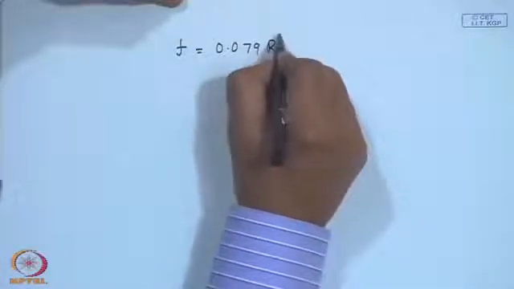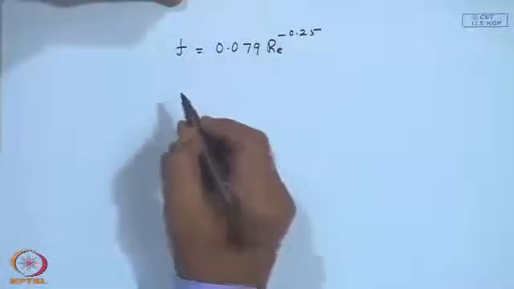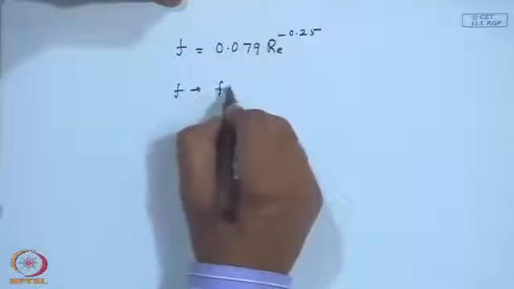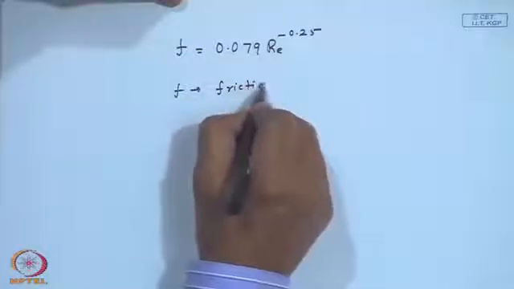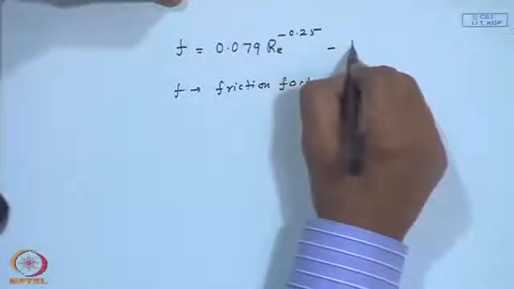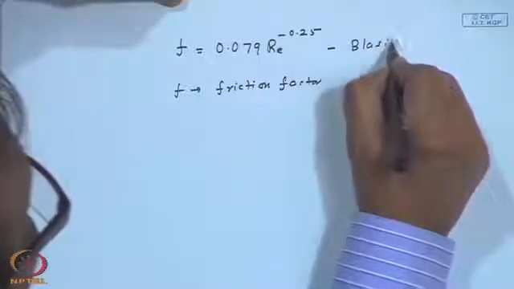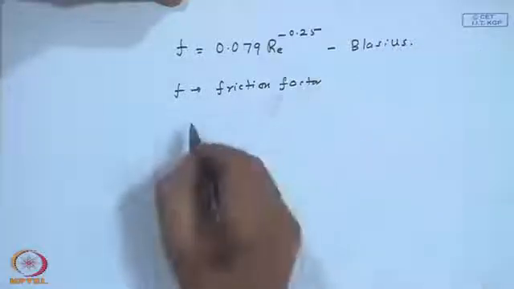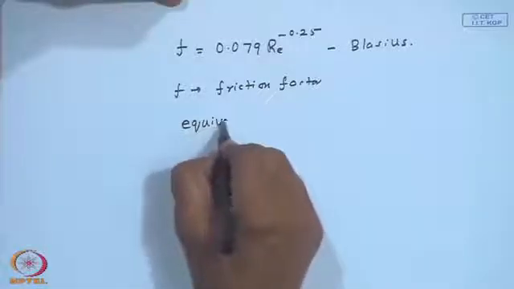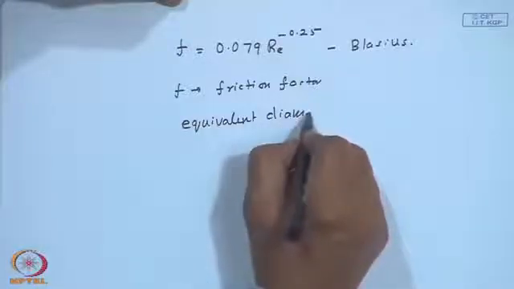So, this is the pressure drop, and F is the friction factor. This is due to Blasius, the famous 1/4 power law. This is also at the equivalent diameter, D or D naught.